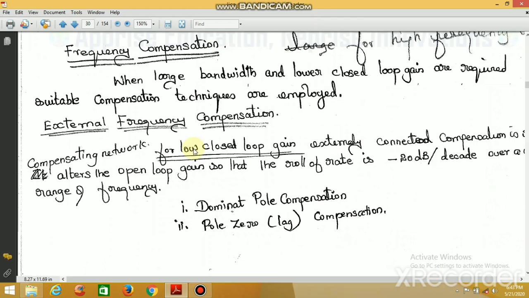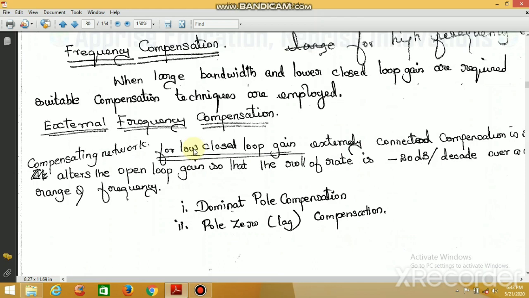When large bandwidth and lower closed loop gain are required, suitable compensation techniques need to be employed. One of those suitable compensation techniques is the external frequency compensation technique. This external frequency compensation technique can be applied for low closed loop gain. It cannot be applied for larger gain.